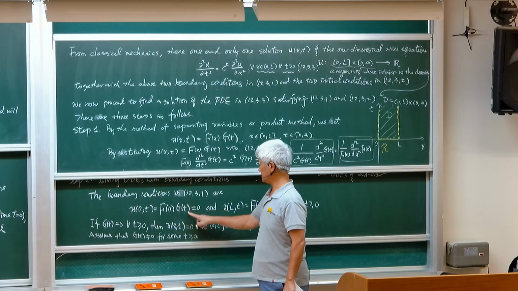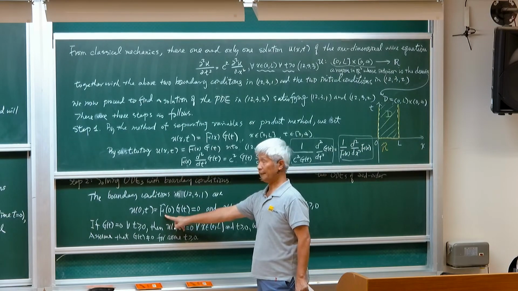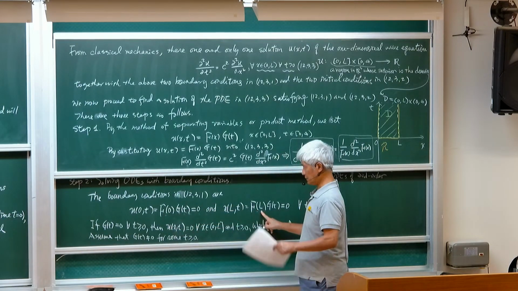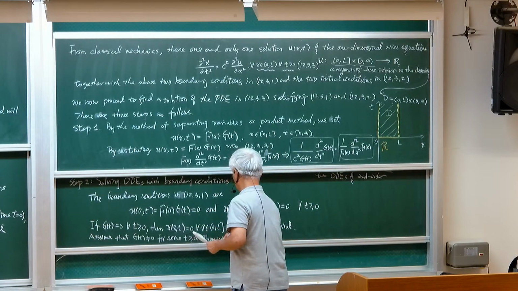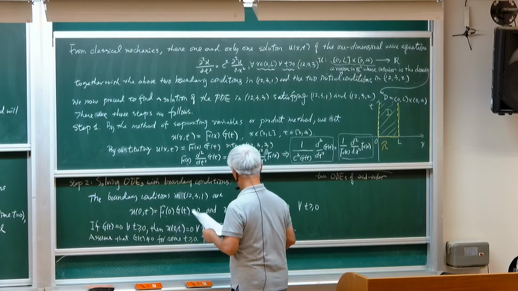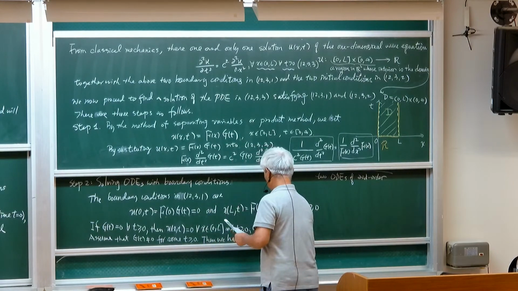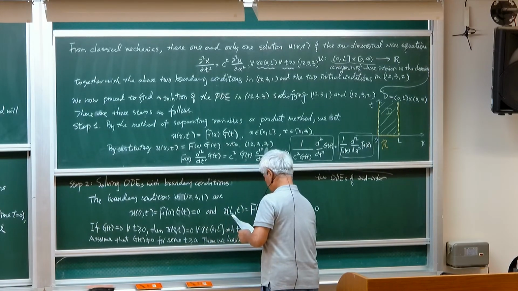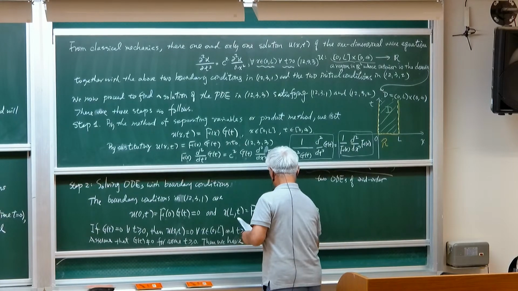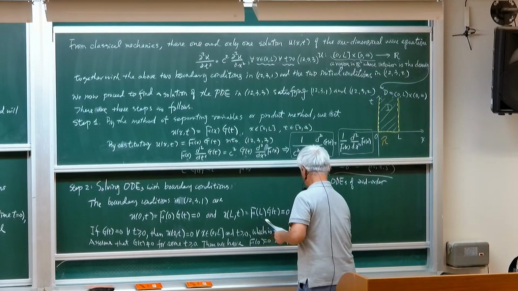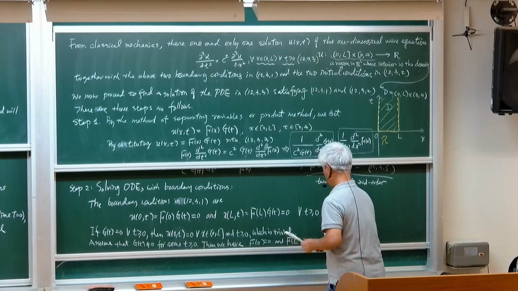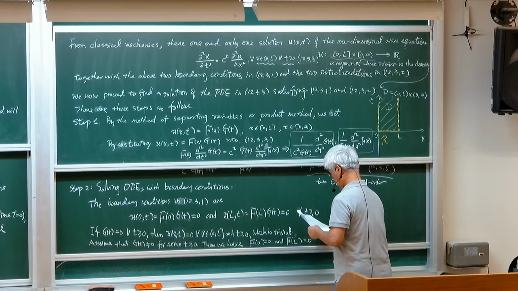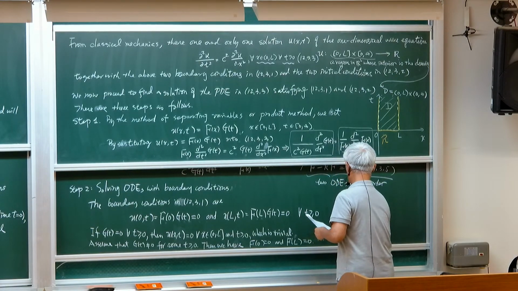If this is non-zero, then f of 0 should be 0 and f of L must be 0. So f of 0 is equal to 0 and f of L is 0. This boundary condition is 12.3.6.